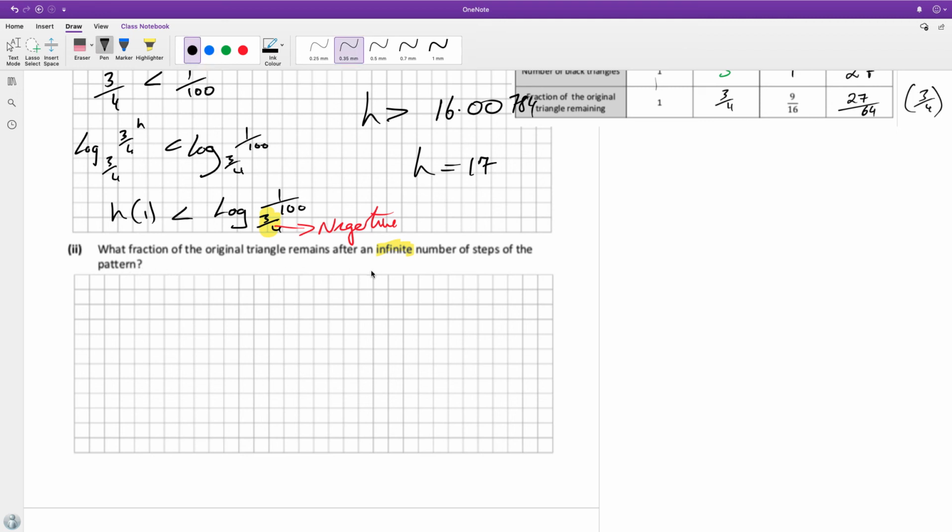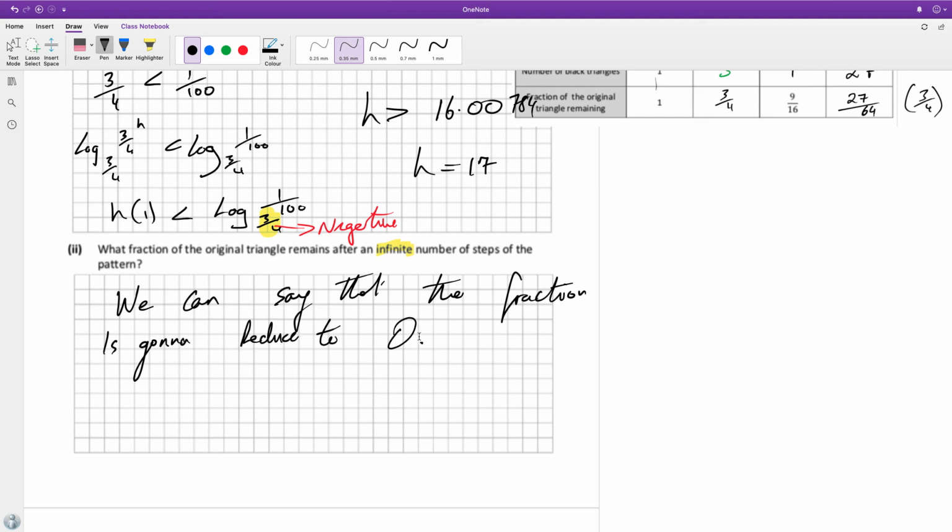What fraction of the original triangle remains after an infinite number of steps? We can say that the fraction is going to reduce to 0. As you go along, it's getting smaller and smaller and smaller. We can say the fraction is going to reduce to 0 as the number of steps increases.